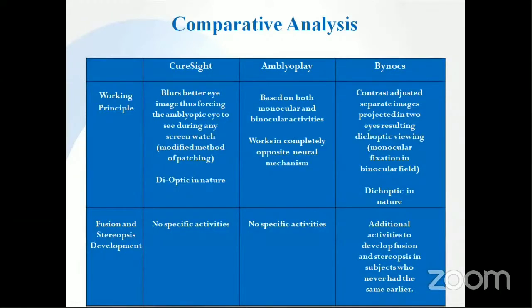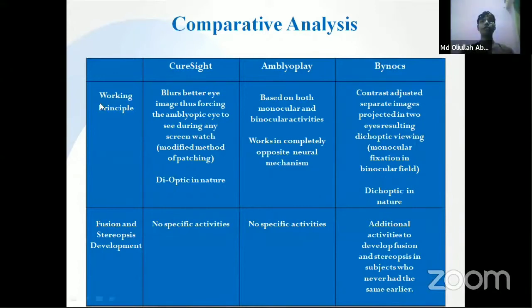A little bit of comparative analysis of the three programs which are majorly available: Curesight, Amblyopia, and the Binox program. On working principle, Curesight blurs the image, and in Amblyopia it is both monocular and binocular. So we tried to mix and match everything which is available, patching plus Curesight function, and we changed it to a contrast-adjusted image instead of blurring it.